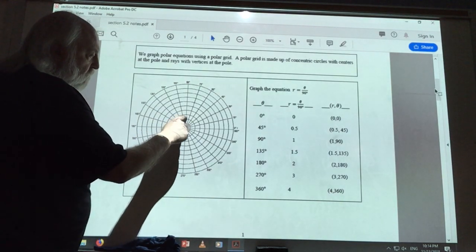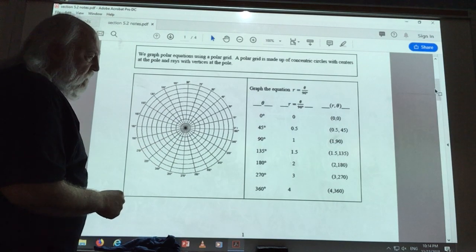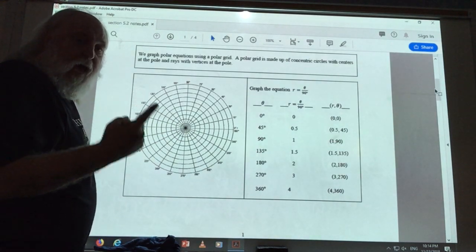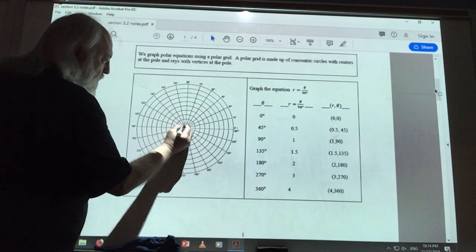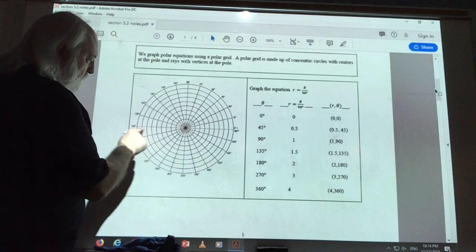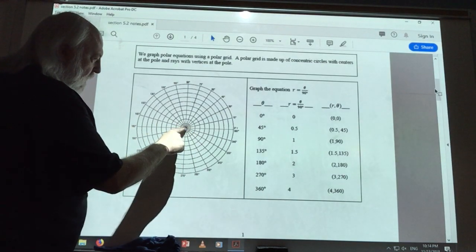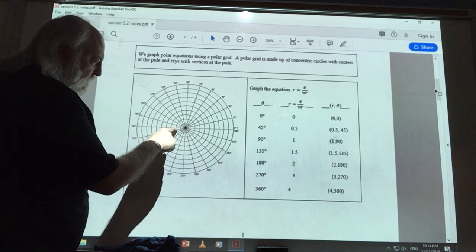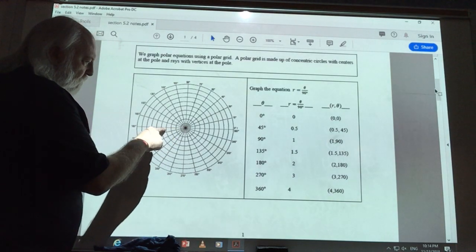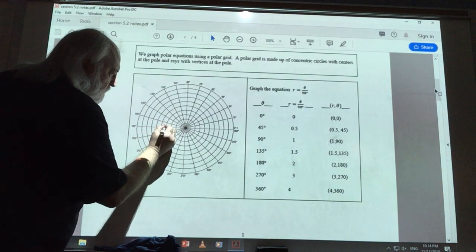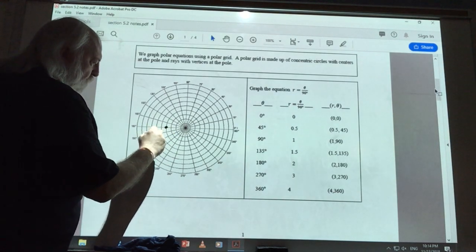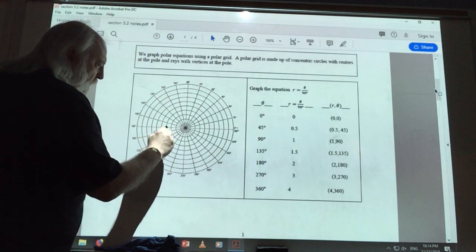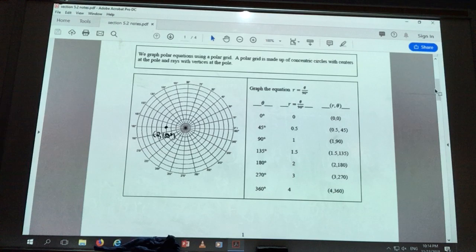I'm going to use the distance between each concentric circle as a half unit. So starting at the pole, 2 concentric circles is 1 unit, 4 concentric circles is 2 units. So this is the point (2, 180 degrees).